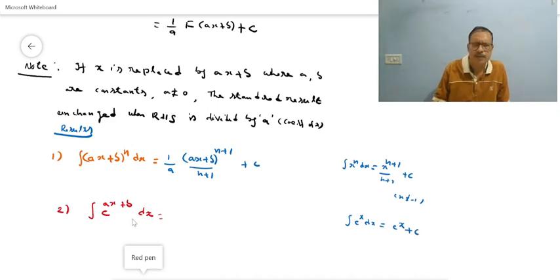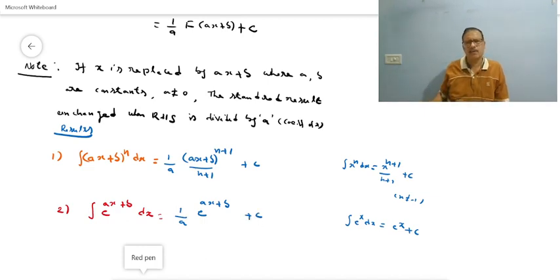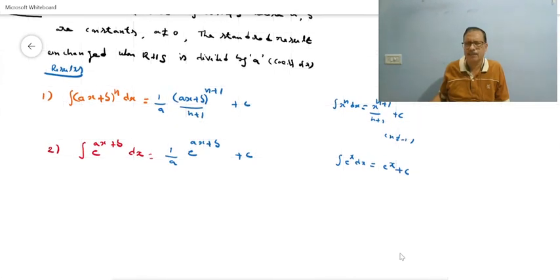So integral of e power ax plus b dx is equal to e to the power of ax plus b, but we have to write the coefficient of x, that is a, in the denominator, plus constant. So the formula of integral of e to the power of ax plus b dx is 1 by a into e to the power of ax plus b plus constant.